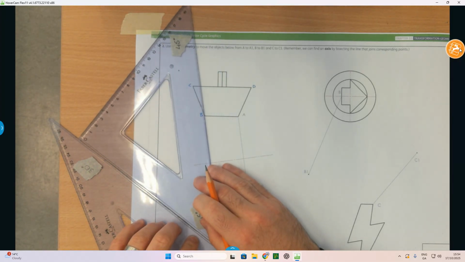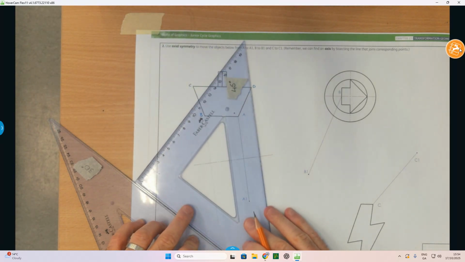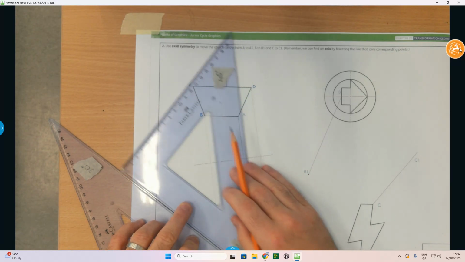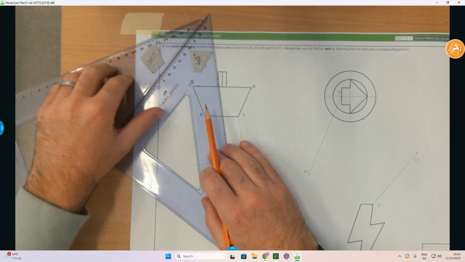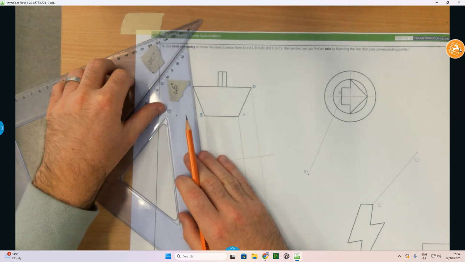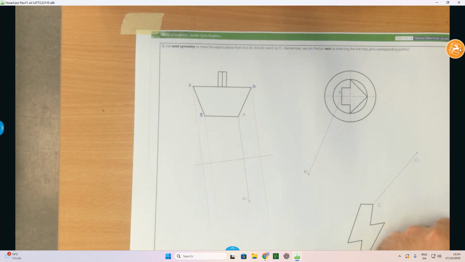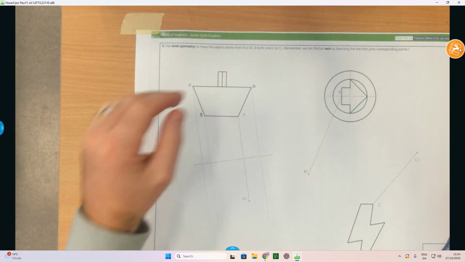Slide it along until I get to B, bring B down, same with D. I'm going to have to adjust slightly and move my set square over here, with the visualizer getting in the way, and there's C. As you can see, I've projected everything perpendicular to the axis, or parallel with the line A to A1.